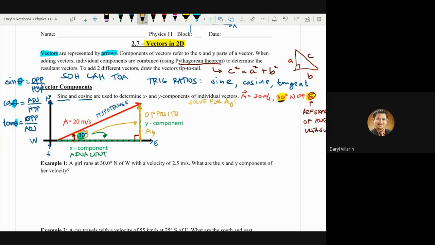So looking at my SOHCAHTOA here, the one that will enable me to solve for the opposite side would be the sine function, because everything is given except for the opposite side. So therefore, sine of 30 degrees is equal to the opposite side, AY, all over the hypotenuse, 20 meters per second.